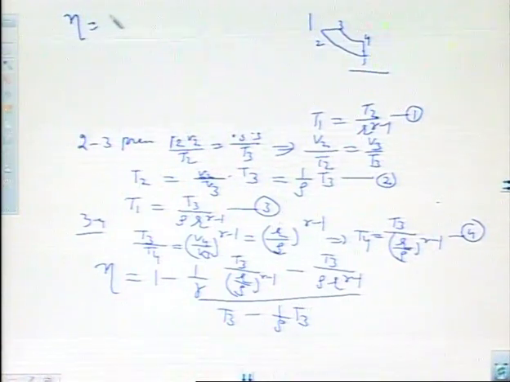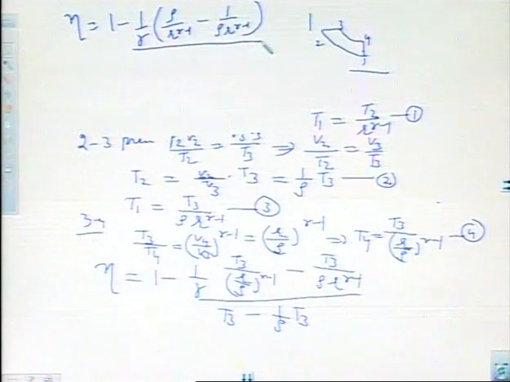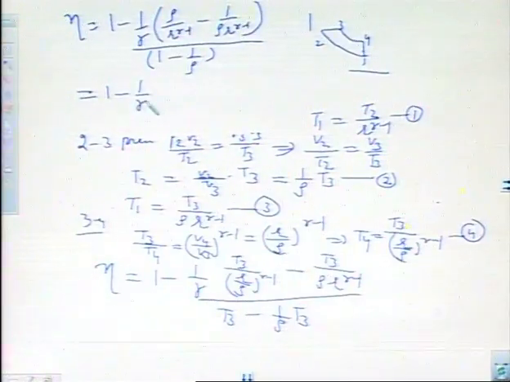Efficiency is 1 minus 1 by gamma. Now, since T3 is common, it can be written like this: rho R by gamma minus 1 minus 1, rho R by gamma minus 1, divided by 1 minus 1 by gamma, which is further equal to 1 minus 1 by gamma.